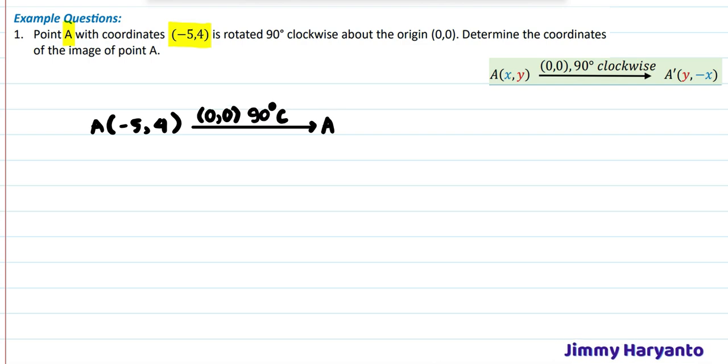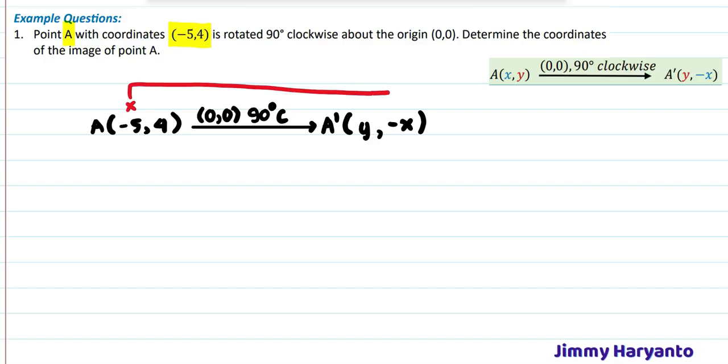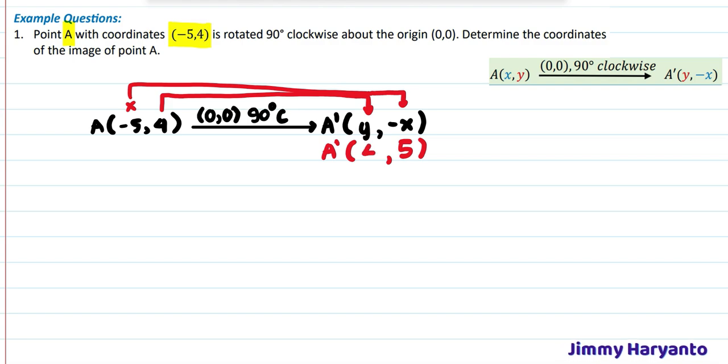So the formula says the image is y comma negative x, just like that. So if the x is negative 5 before, when you apply the formula, it will become negative, and negative 5 will become 5. So 5 right there, and then the y is 4, and it stays the same, 4. So the image of this point is 4, 5.